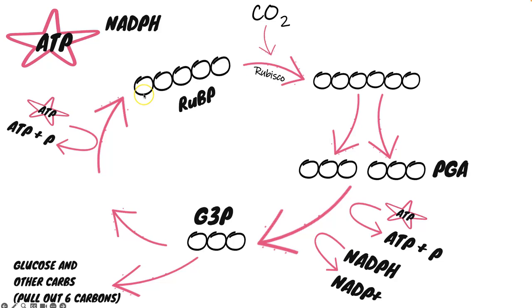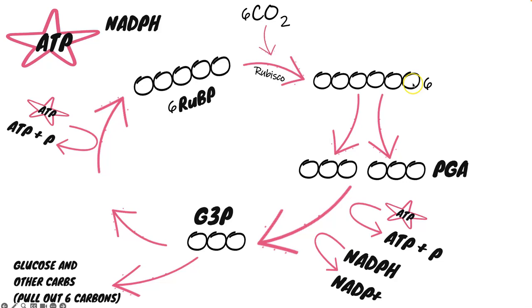So now I want to get a little bit more detailed and talk about the numbers of these things. So since we're pulling out 6 carbons here to make a glucose, and this is a cycle, that means we're going to have 6 carbons come in. So we have 6 RuBPs waiting, and the plant or photosynthetic organism brings in 6 CO2s.